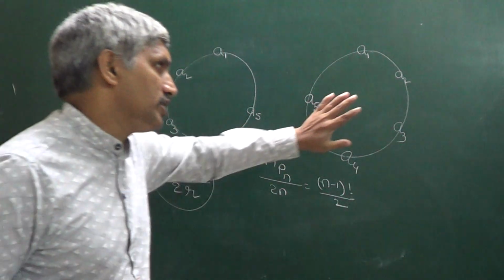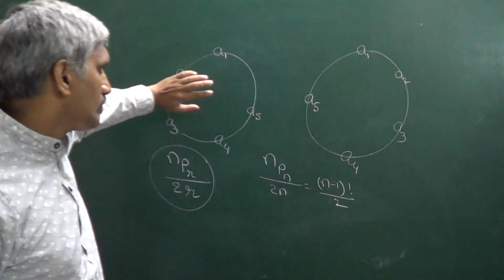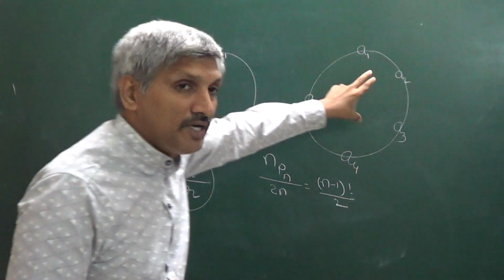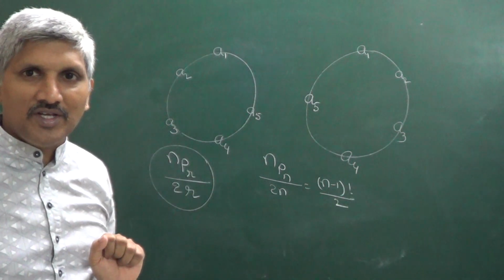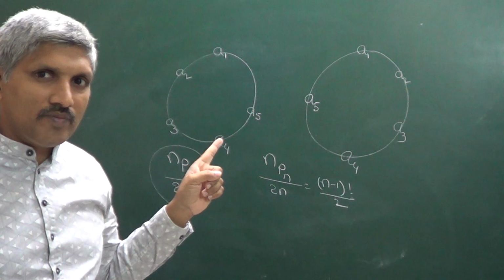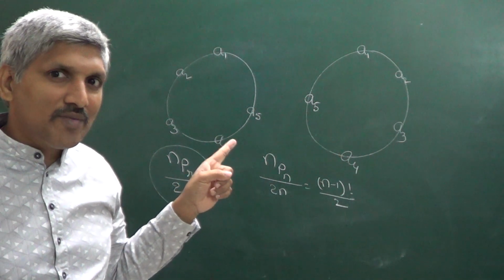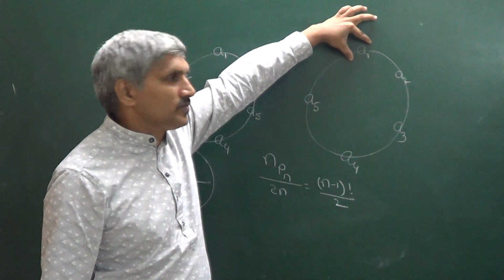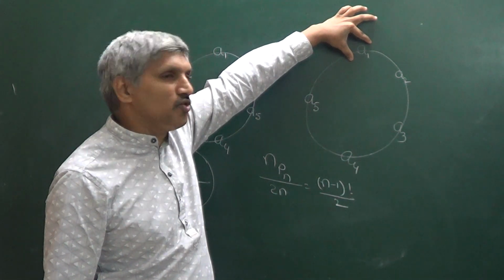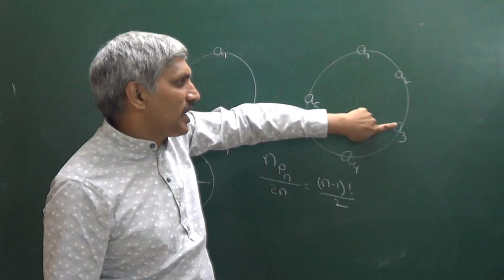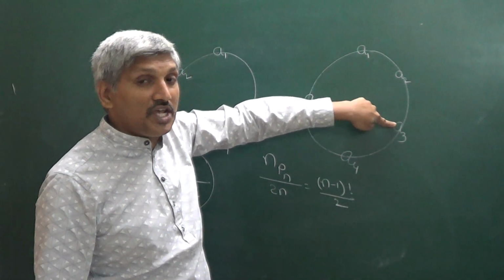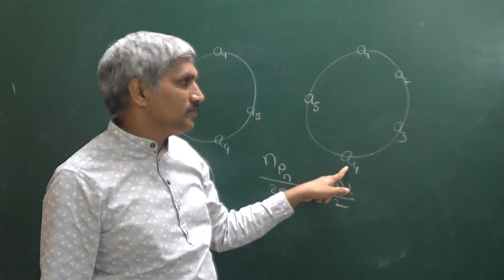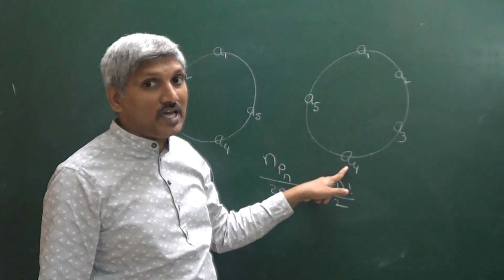You see, either in this seating arrangement or in this one, does each person have the same neighbors or not? Tell me, who are the neighbors for A1? A1's neighbors are A2, A5. Who are the neighbors for A3? A3's neighbors are A2, A4. Who are the neighbors for A4? A4's neighbors are A5, A3.